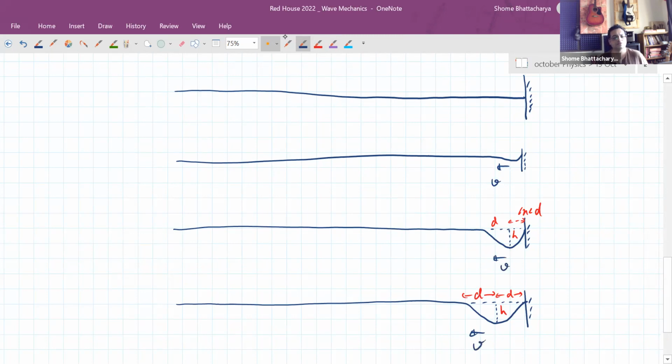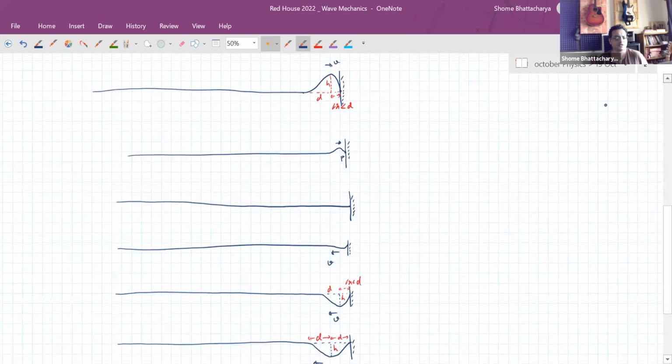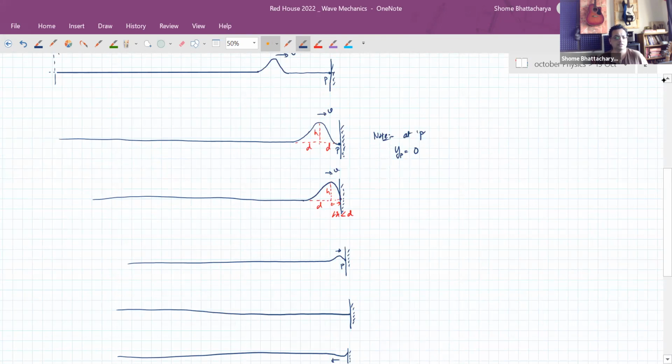So this is the process of reflection. And once this reflection is completed, the reflected pulse is inverted in phase. So this is the sequence of events that occur.